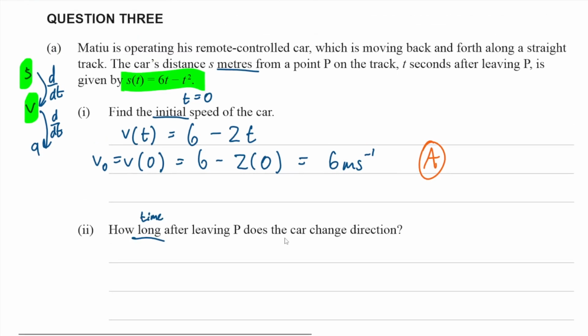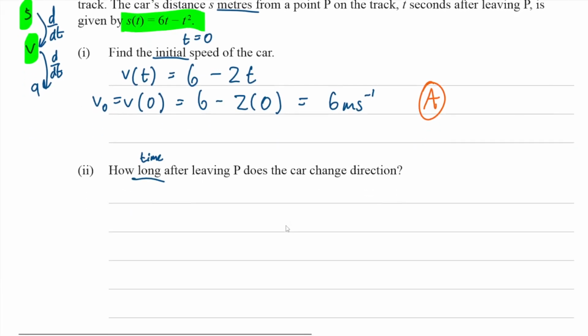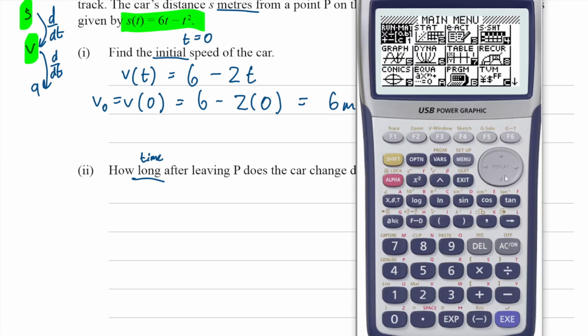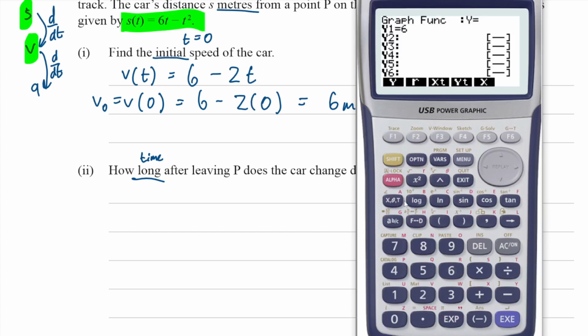There are a few ways to consider this. I think the easiest way to visualize is actually to graph the distance function. So let's just do that first: 6x minus x squared.